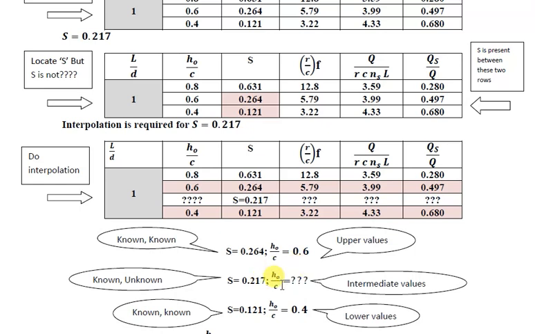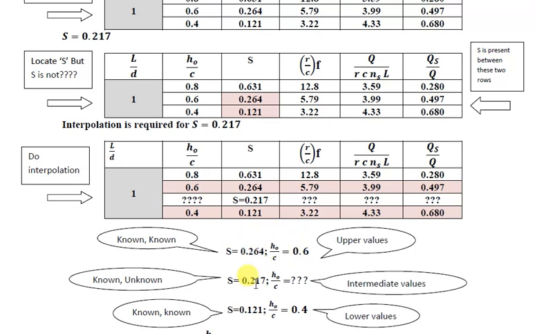So how to find intermediate unknown value? For that one, S we calculated, and write down that S. What we calculated as S is equal to 0.217 and correspondingly H0 upon C is unknown to us. Here S is known and correspondingly upper value H0 upon C is known.